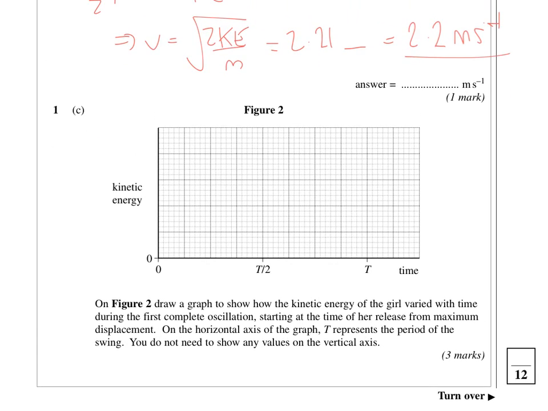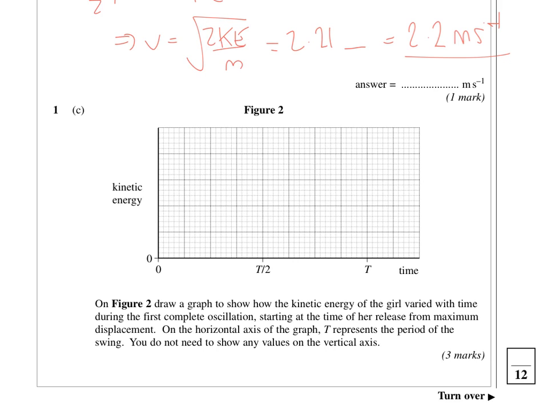On figure 2, draw a graph to show how the kinetic energy of the girl varied with time during one complete oscillation, starting at the time of her release from maximum displacement. T represents the period, so we're going all the way through one full cycle.